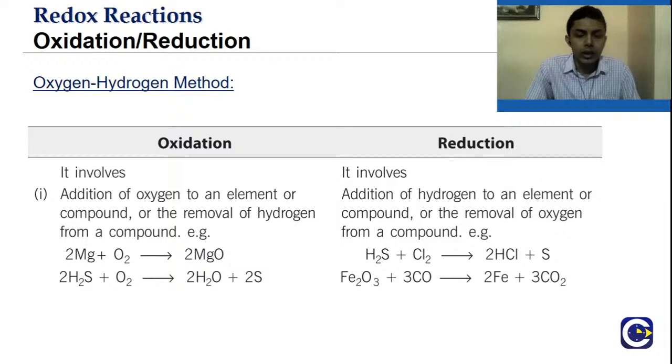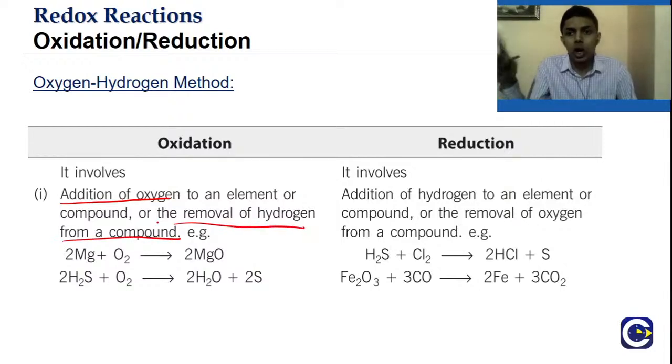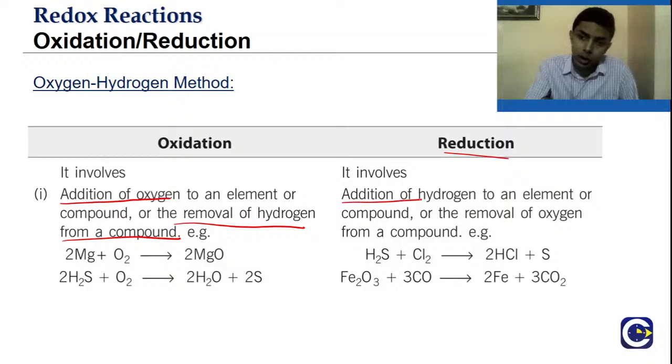In terms of hydrogen, oxidation involves either addition of oxygen, as we saw in the first case, or removal of hydrogen from a compound. So that leads to oxidized product. Whereas in case of reduction, it's reverse: it involves addition of hydrogen or removal of oxygen.